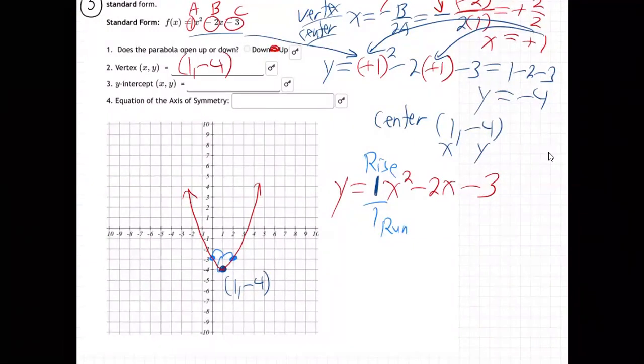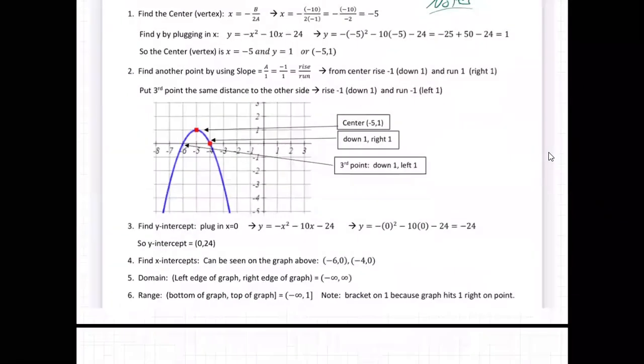The y-intercept, that's pretty easy to see now on the graph. Do you see it right here? The y-intercept is over 0, down 3.